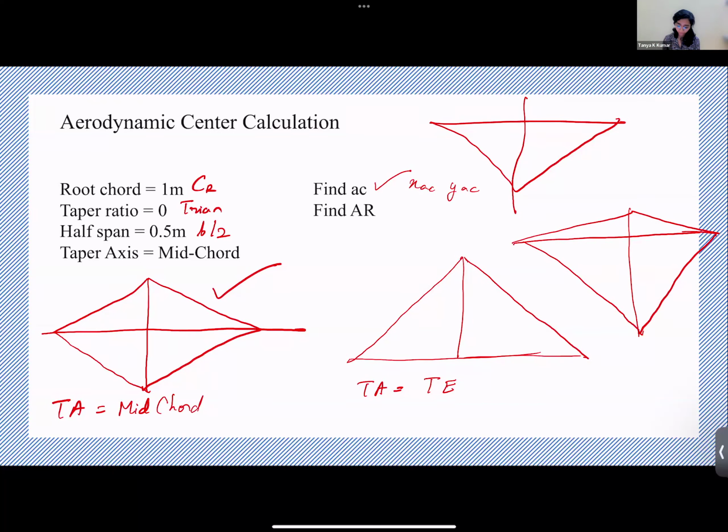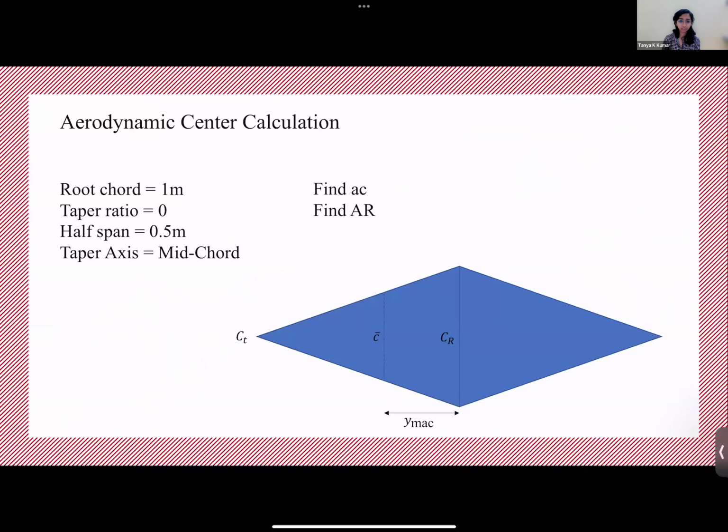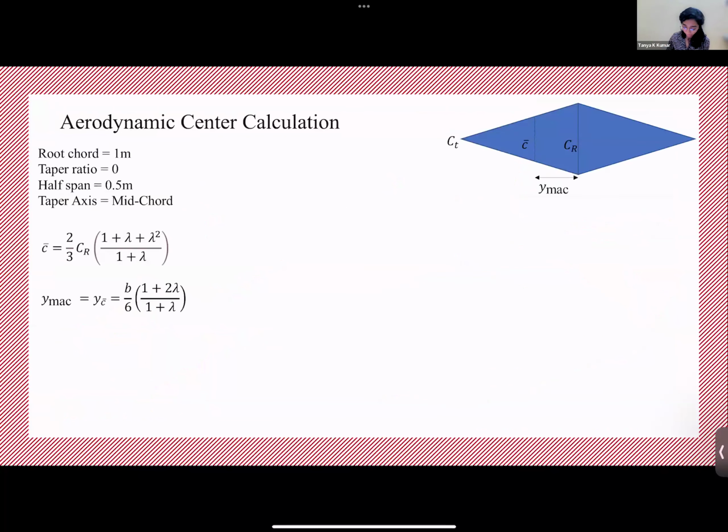Okay, let's try doing this. This is the wing section, and these are the formulae that are given.